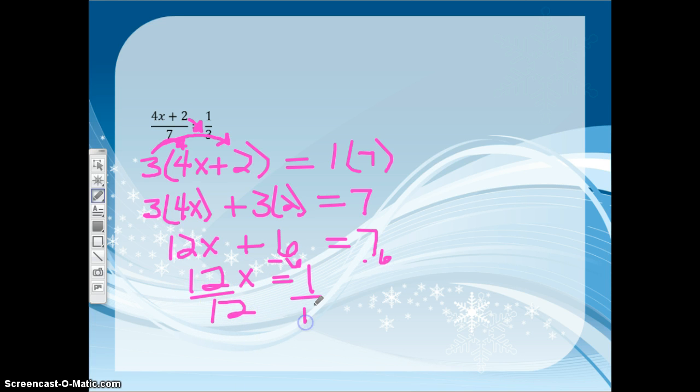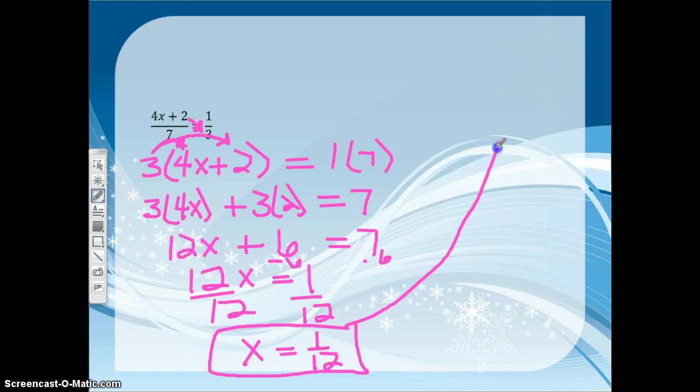Divide both sides by 12 and we get x is equal to 1 over 12. And again, if we wanted to check our answer, all we would need to do is put 1/12 back into our original statement, right where that x is. And if it simplifies to a true statement, we know we have done this correctly.